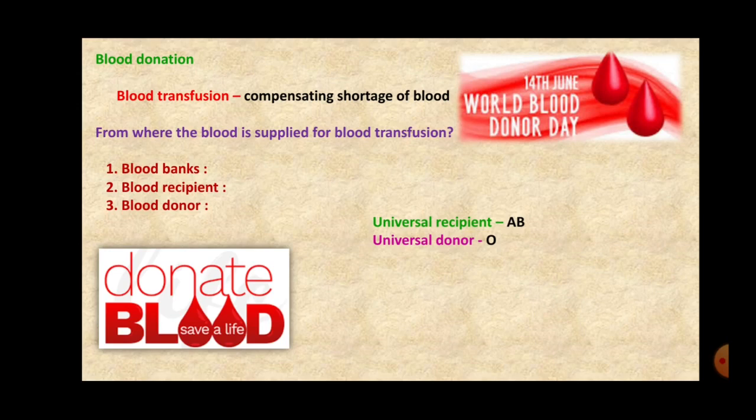Certain tests are to be done, but if a patient has blood group AB, then he can receive blood from any of the three blood groups. Similarly, if the donor has blood group O, then he can donate blood to any person having any other blood group.